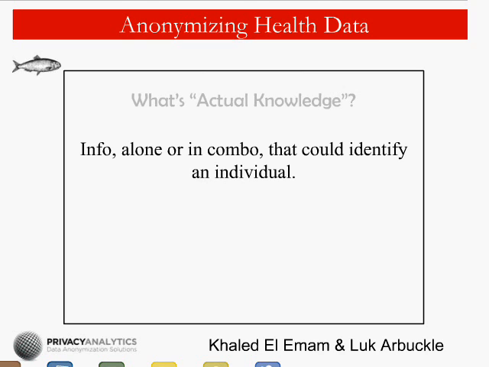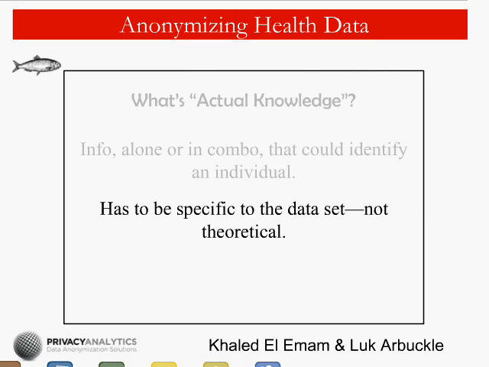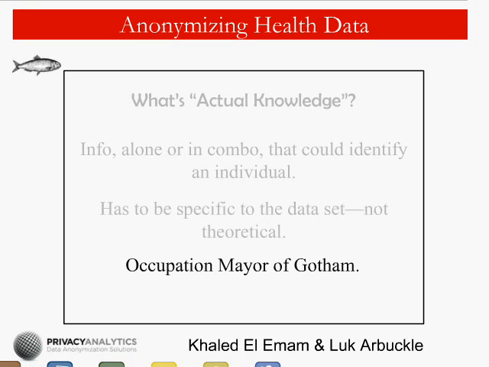So it's not just removing the 18 variables, you also have to demonstrate that you do not have actual knowledge that an individual can be re-identified. This actual knowledge has to be specific to your data set, not theoretical knowledge. As an example, if you have a data set where there's an occupation field and the occupation is the mayor of the city or the president of the country, then that immediately re-identifies the individual because there's only one person with that occupation.